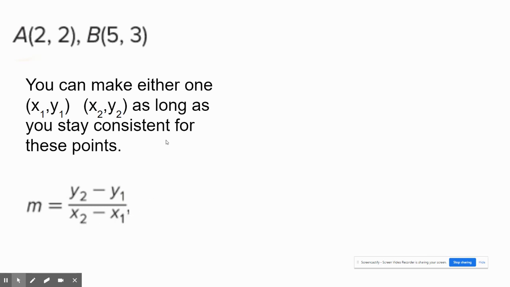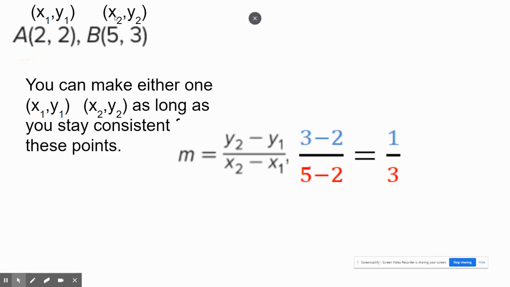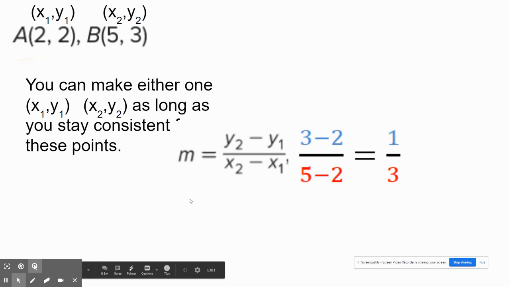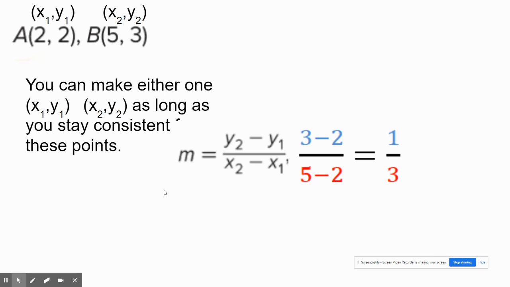And just like we said for the table, if I decide this is going to be y2, this has to be x2. And I put that up here for you to see it. I chose this to be y2 minus y1 over x2 minus x1. So that's the way that works. And you see that it's 3 minus 2 over 5 minus 2, which would be 1/3. So the slope of the line that those 2 points sit on is 1/3.